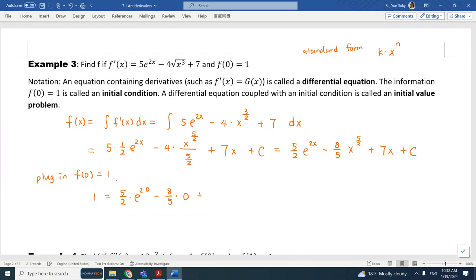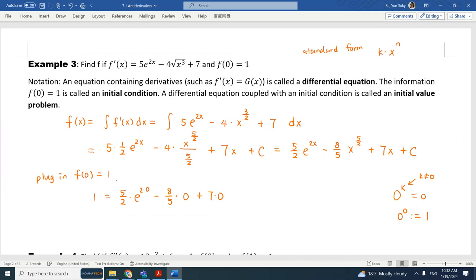0 to the power of what? Oh, 0 to the whatever power. Okay, I need to be careful. 0 to the k, as long as k is not 0, we get 0. But 0 to the 0 is defined to be 1.